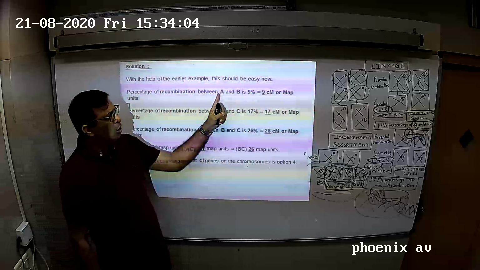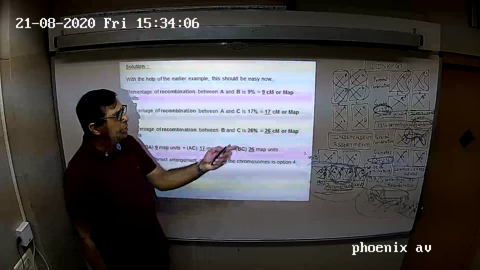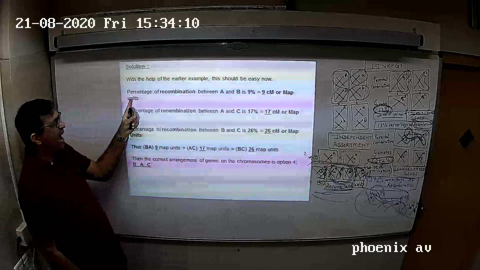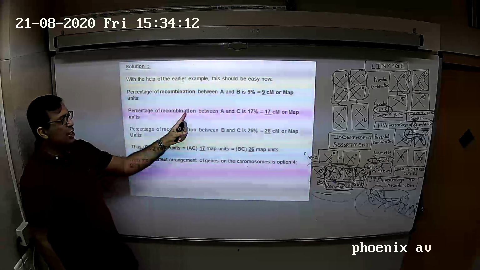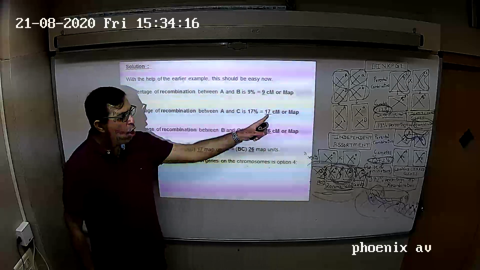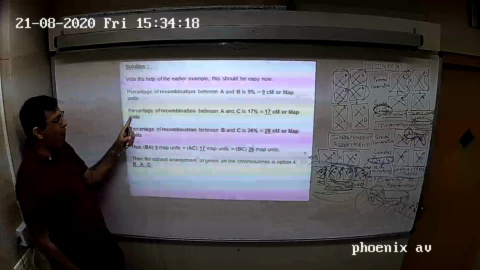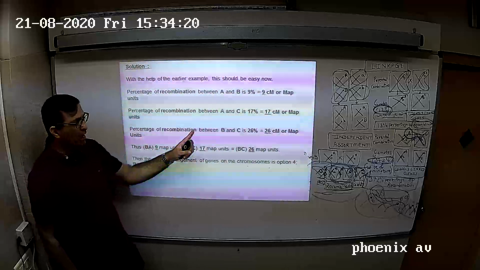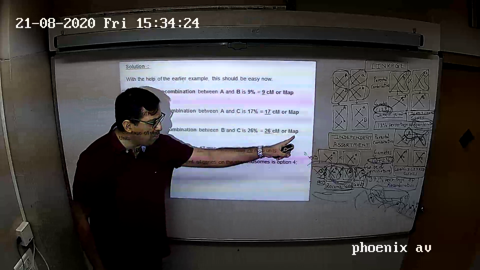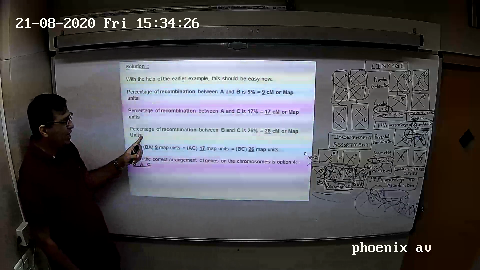Percentage of recombination between A and B is 9%, which is the same as 9 centimorgan or 9 map units. Between A and C is 17% or 17 centimorgan or map units. Between B and C is 26%, that is 26 centimorgan or map units.